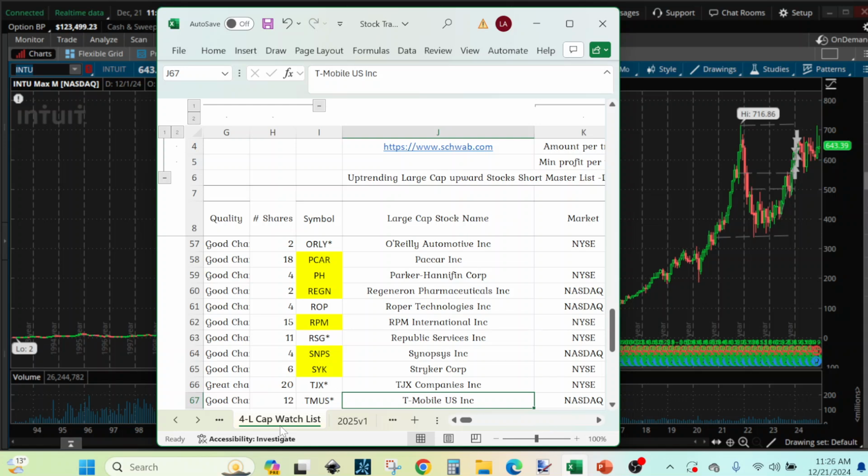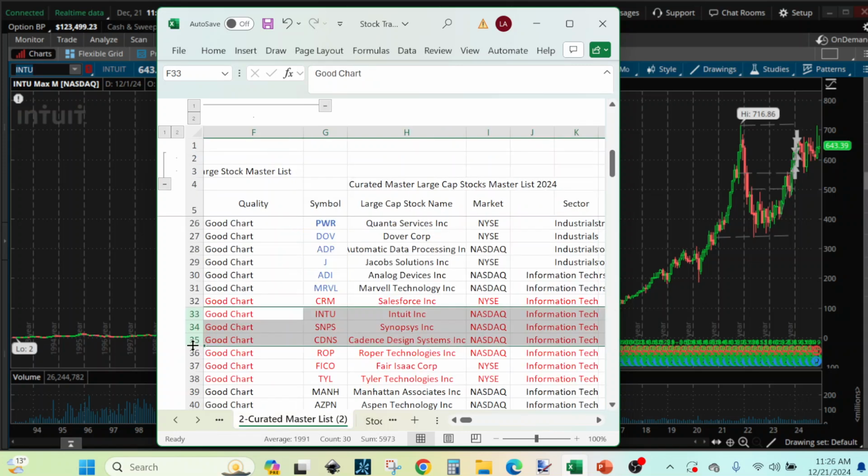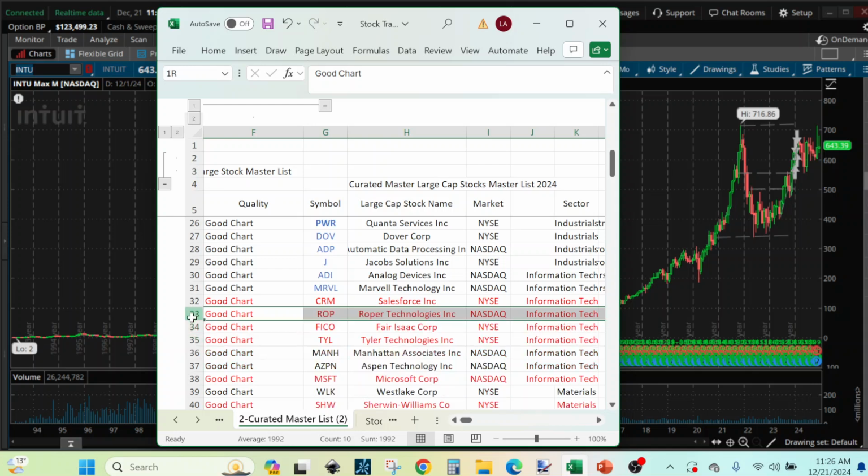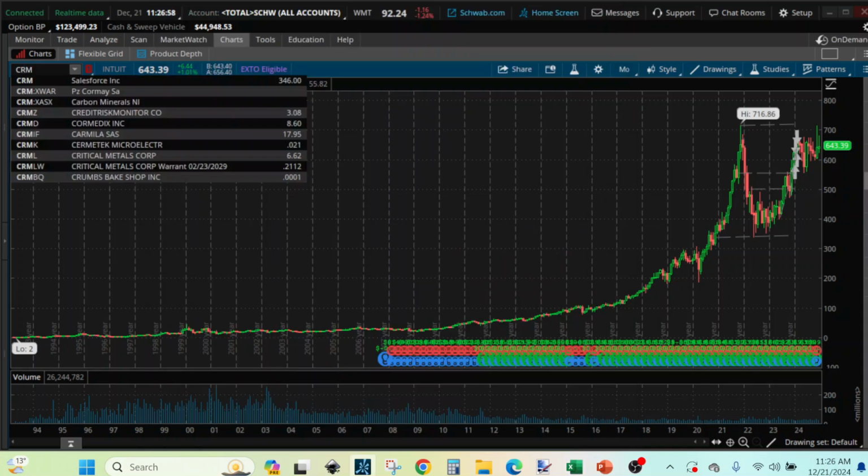We have in fact a rope as well. We have them in our existing watch list, so we can take them out of here because we have analyzed them already. CRM, I don't know if I did CRM already or not. Yeah, I did CRM. I just didn't remove the ink.